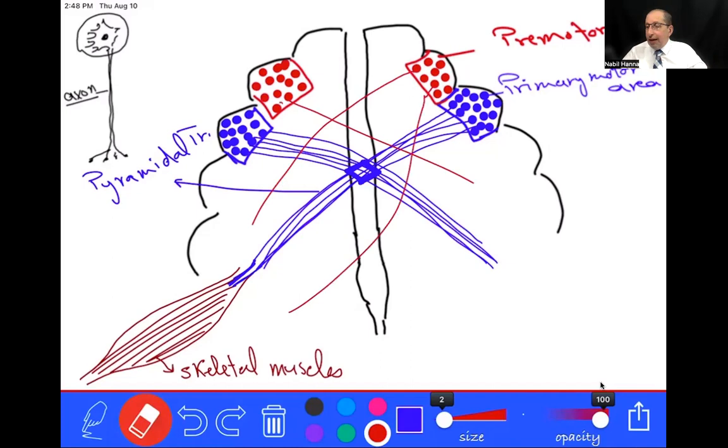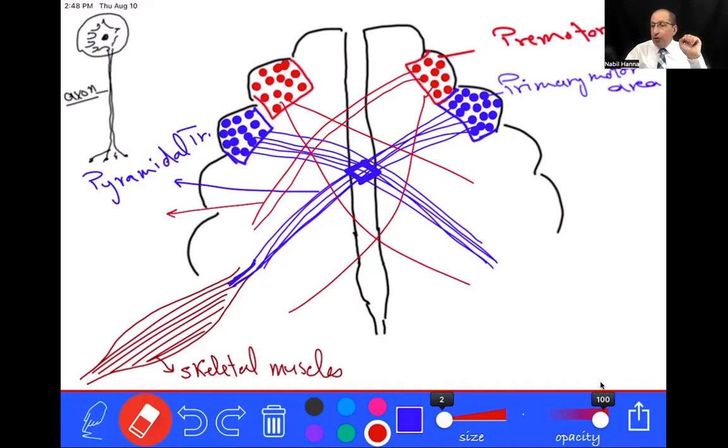So they travel outside the pyramidal system. That's why we call these fibers extrapyramidal, because they do not follow it. It's like you and your friend going to one destination, but you take different freeways.